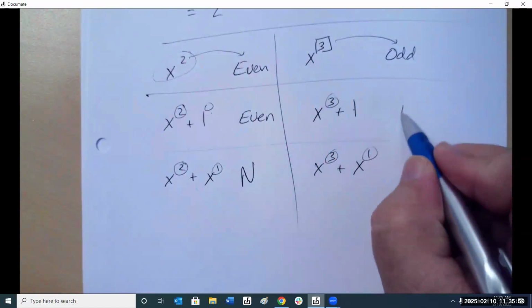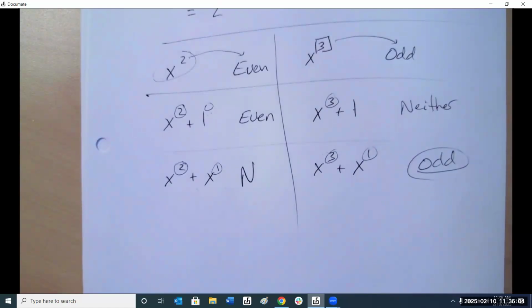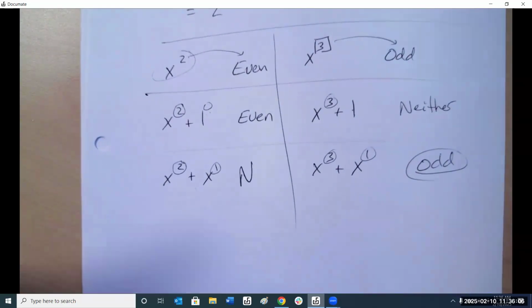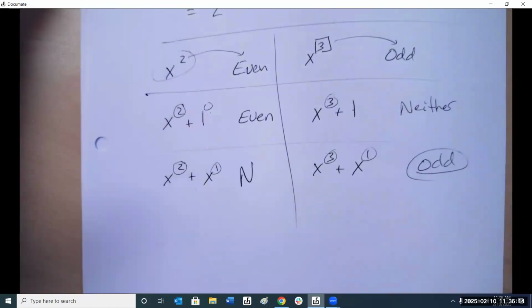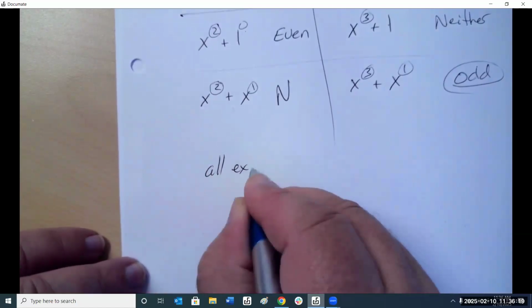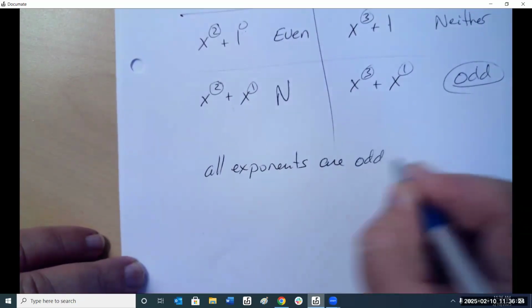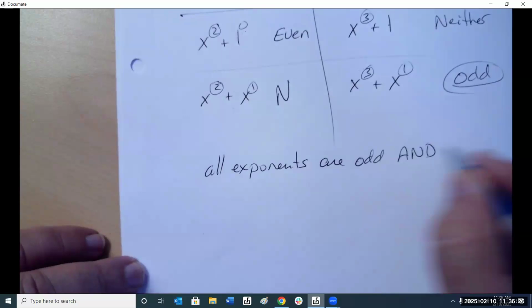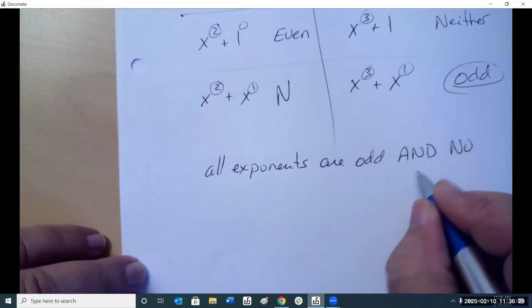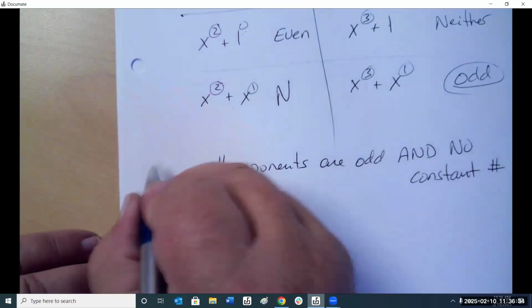Odd and even doesn't work. So all you have to do is look at the exponents. If all of the exponents are odd, I don't care how many you have, and there is no constant number, those are odds.